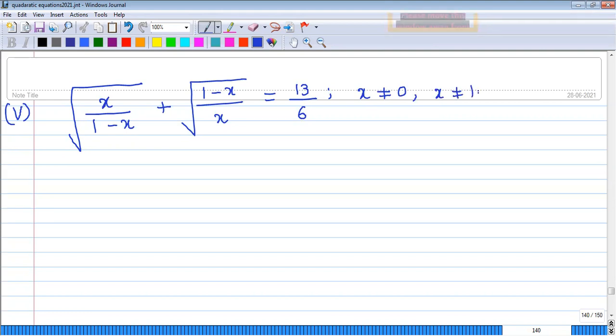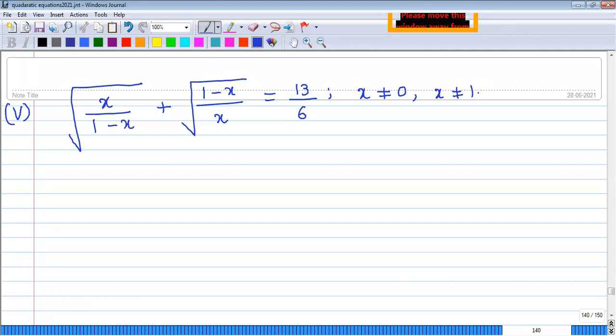Satisfying these two conditions only, this problem can be solved. It will be solved for all the real numbers except 0, 1. Okay. So how could you solve this problem?